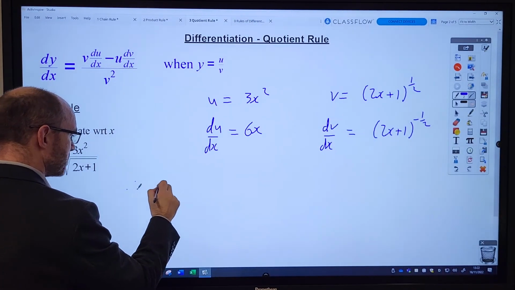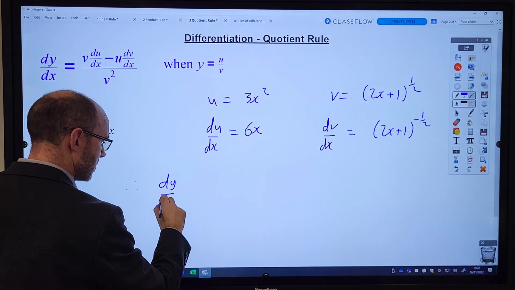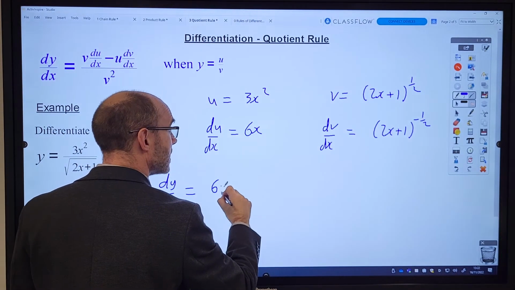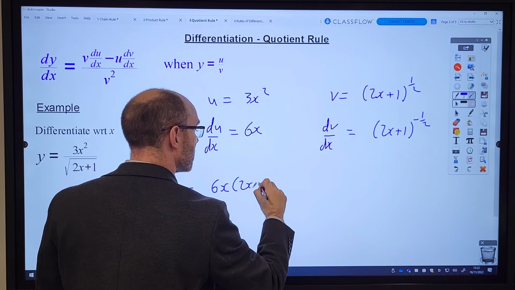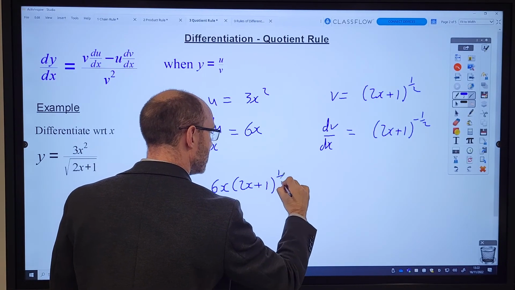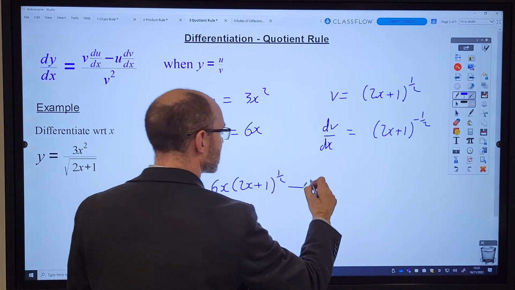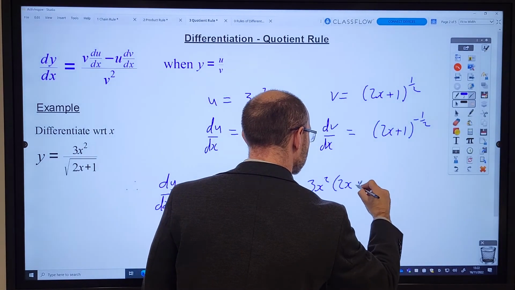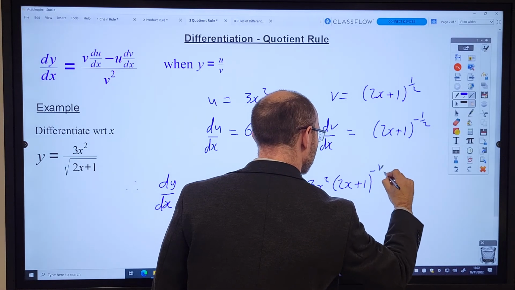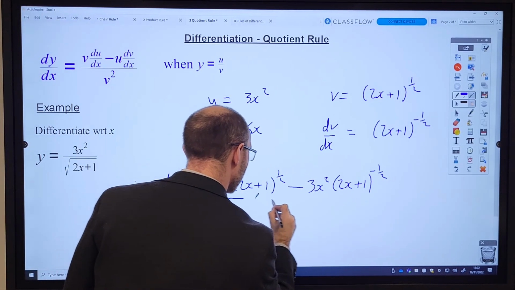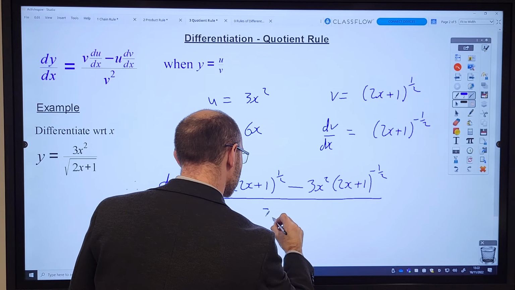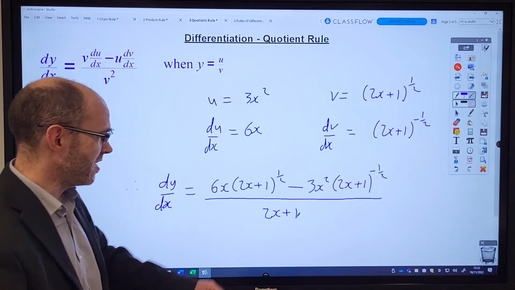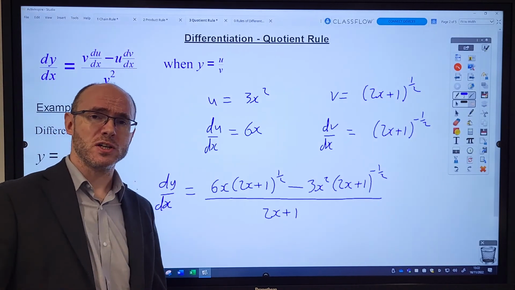Then substitute them in to the formula. dy/dx equals v du/dx, 6x(2x plus 1) to the power of a half, subtract u dv/dx, 3x squared (2x plus 1) to the power of negative 1 half, all over v squared, which is just going to be 2x plus 1, because that squared is to the power of 1. Done. That's the differentiation bit.